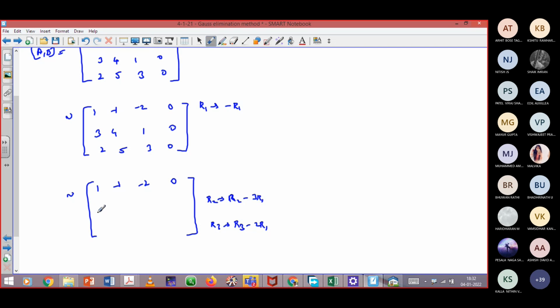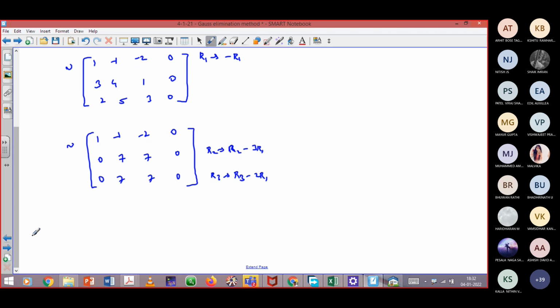Okay, fine. So here 0, 4 minus 3, that is 7, 1 minus -6 is 7. Next 0. Next 2 minus 0, 2 minus... next 5 minus 2, that is 7. Next 3 minus 4, 7, 0.